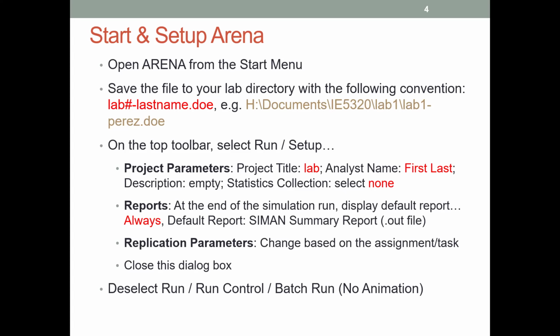You put your name, and the type of report that we're going to be using is the SIMAN summary report, which is the Notepad version of the report. And then we're going to change the replication parameters based on the model that we are building. Today, we're going to be looking at multiple replications.